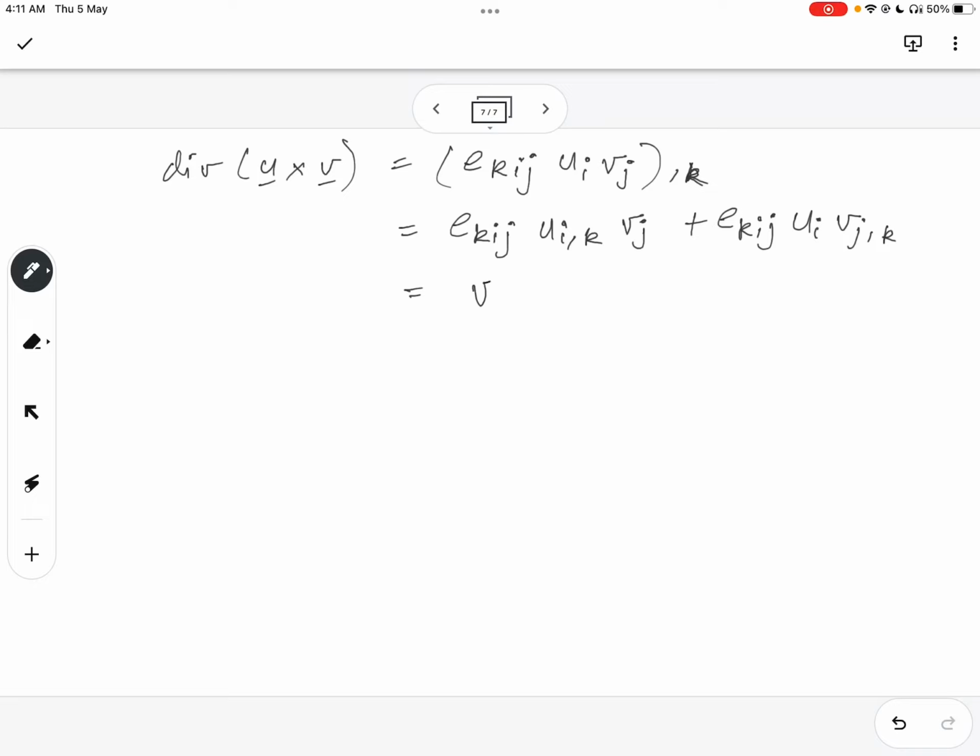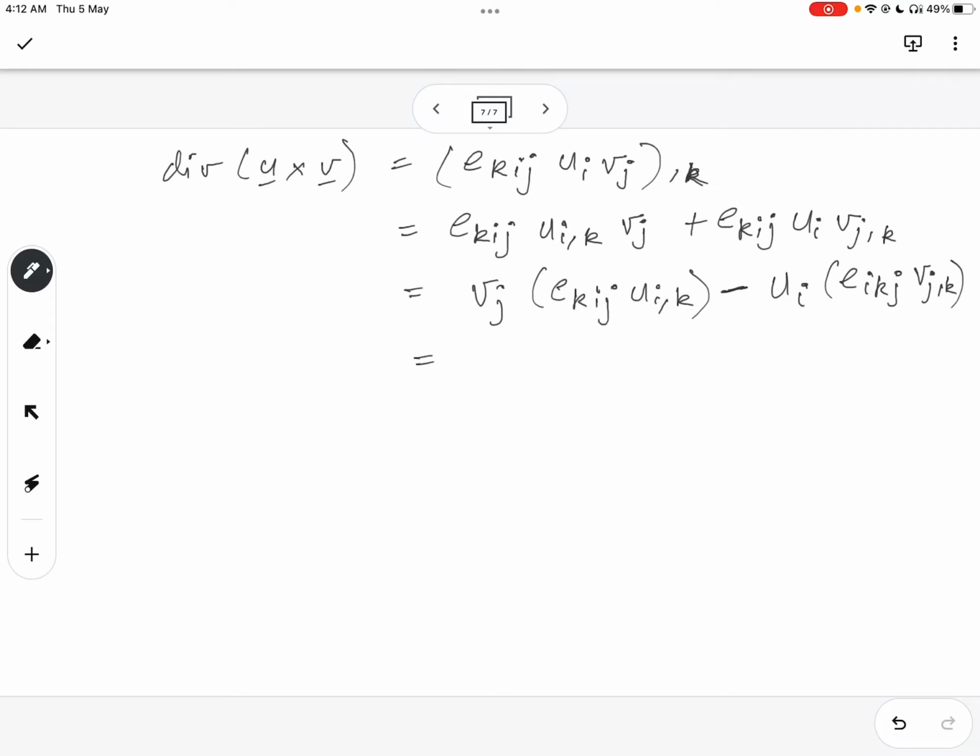So this can be written as V_j e_kij U_i,k minus U_i e_ikj V_j,k. We have just interchanged indices i and k, which gives us a negative sign.